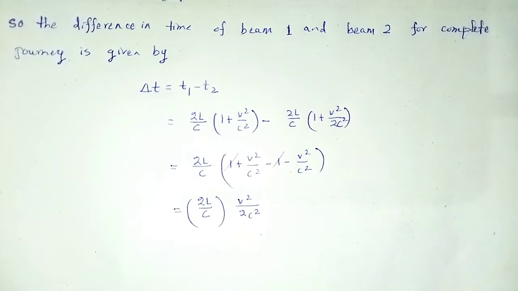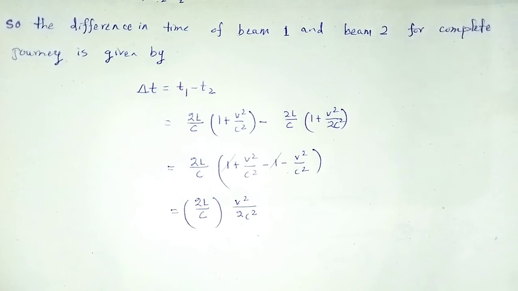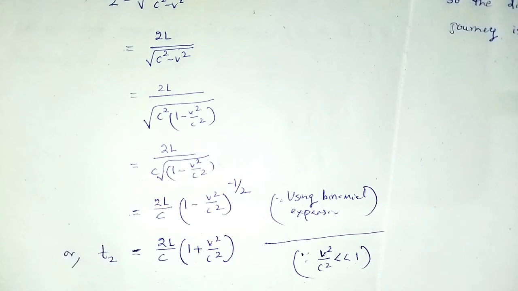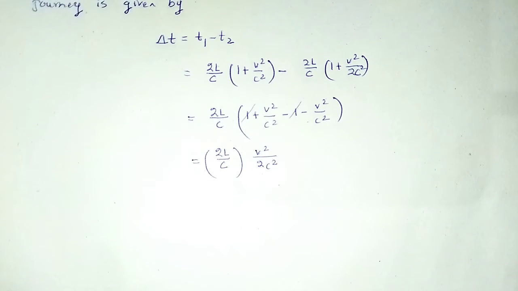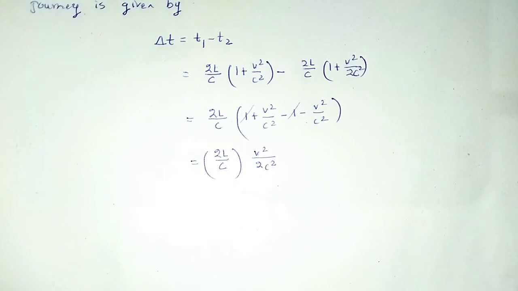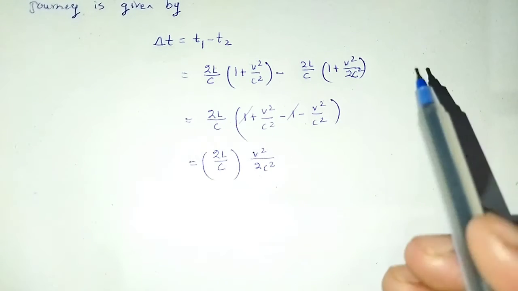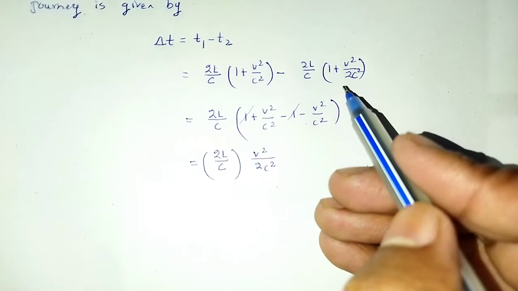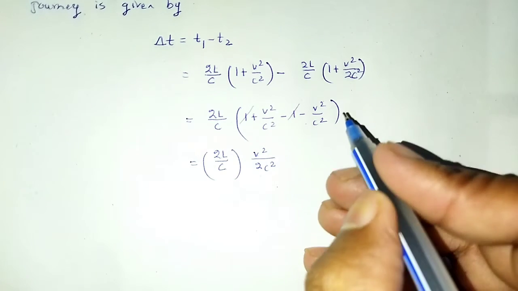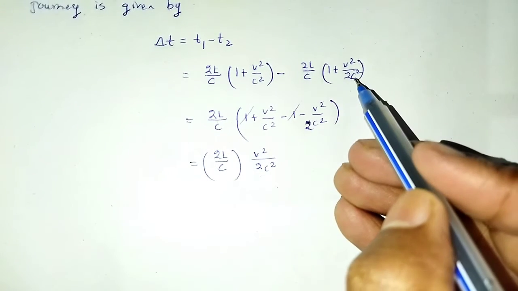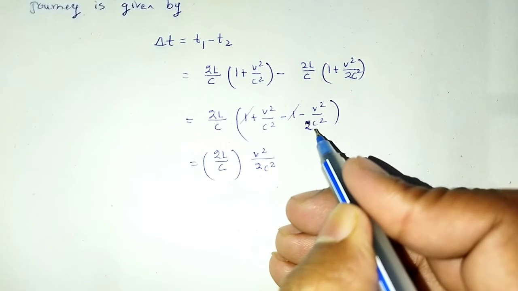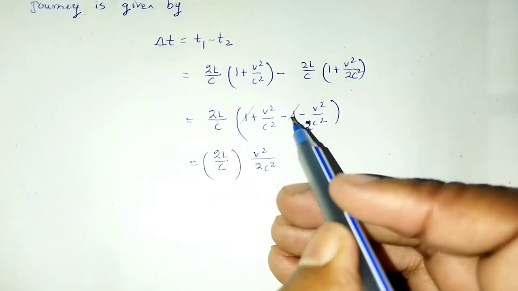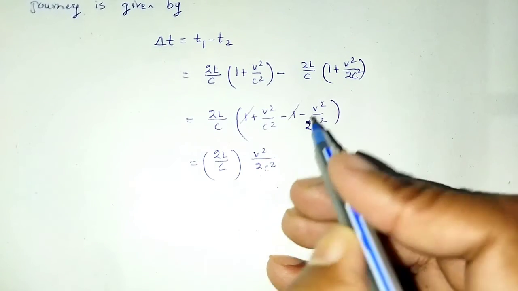Sorry, here it is 2c square. That's why that is v square by 2c square. 2c square LCM, 2v square minus v square.